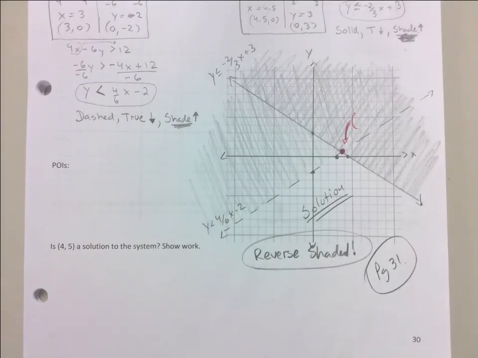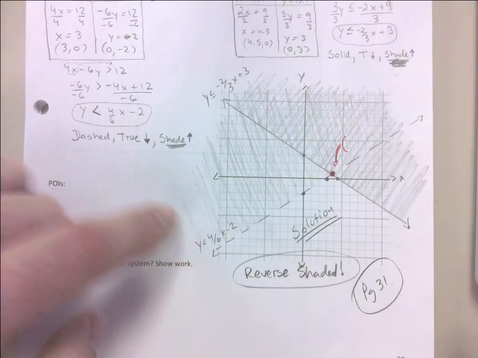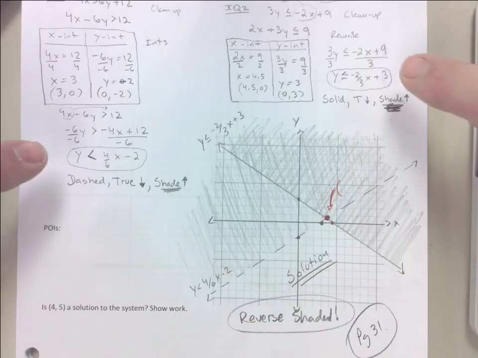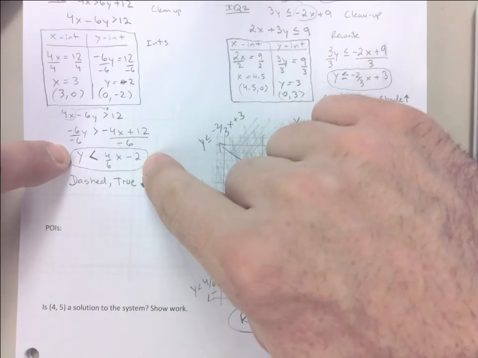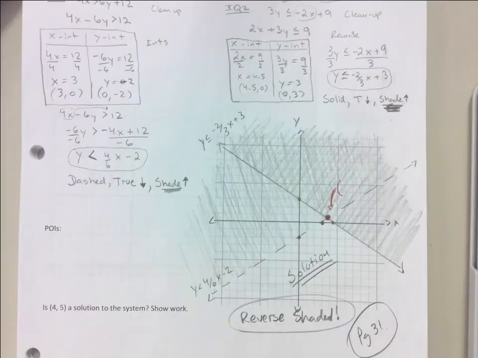Can you type this into your calculator because it's good practice? So I'm going to show them. Well, they're actually right here. Okay? But I'm going to zoom up a little bit. So let's put this one into Y1. It doesn't really matter, but let's put this one into Y1, this one into Y2, and see what happens.